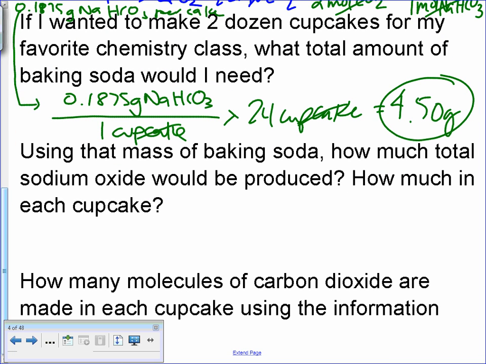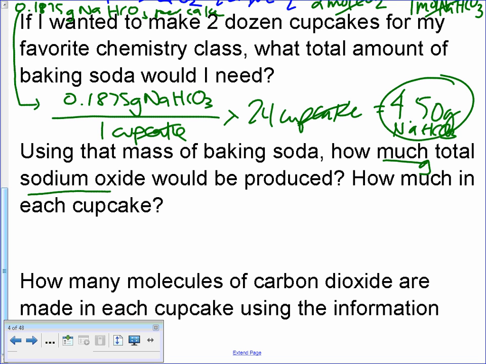We still have our BCE. Using the same BCE the whole problem. Using that mass, so this mass of baking soda, how much total sodium oxide would have been produced? So if I started off with that many grams of sodium bicarbonate, and I wanted to get to how much, what do you think much stands for, what unit?